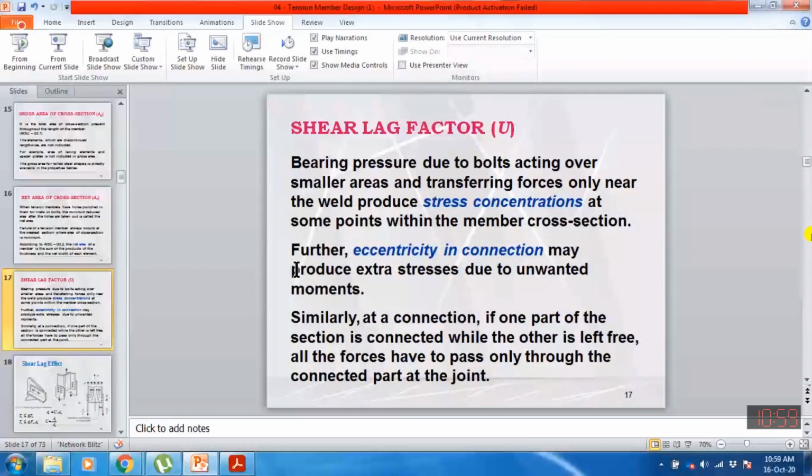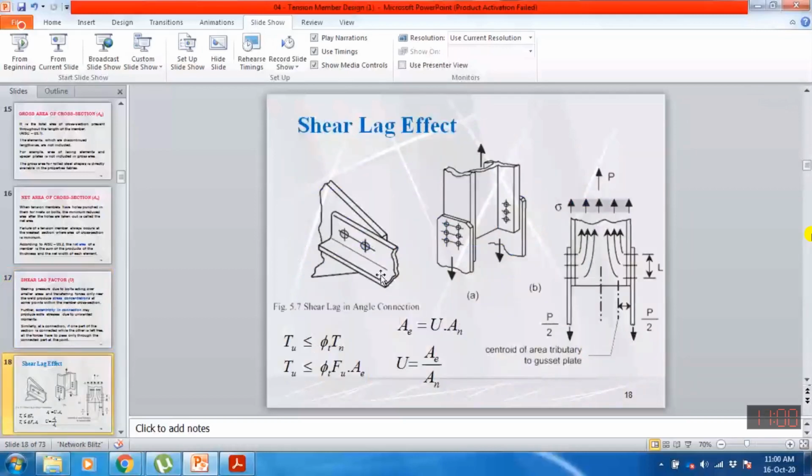So why are we considering this factor? There are two reasons, you can read it: due to the stress concentration and eccentricity at the joint. So what does it mean? When we are connecting two members, for example, this is the angle section and this is the gusset plate. When this gusset plate is connected with this angle section, let me check, do I have an example here?